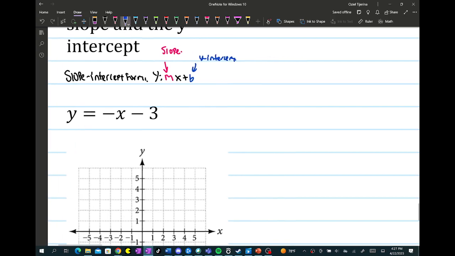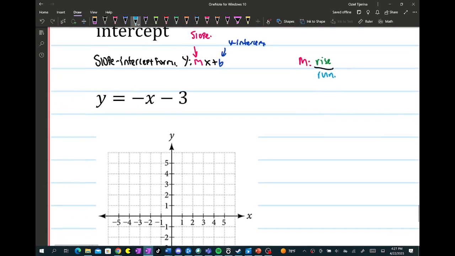And like I said, slope is defined as rise over run. So m, which is slope, is defined as rise over run.